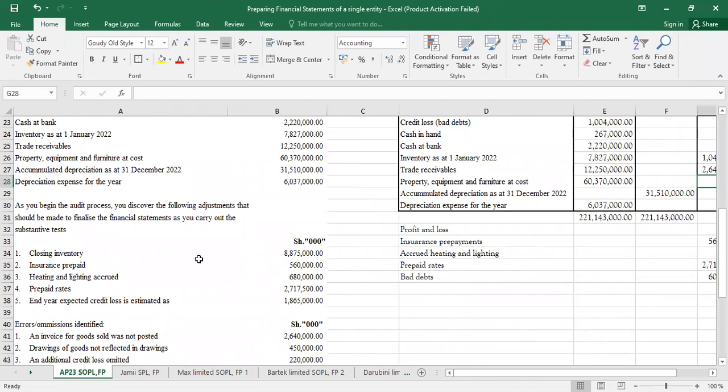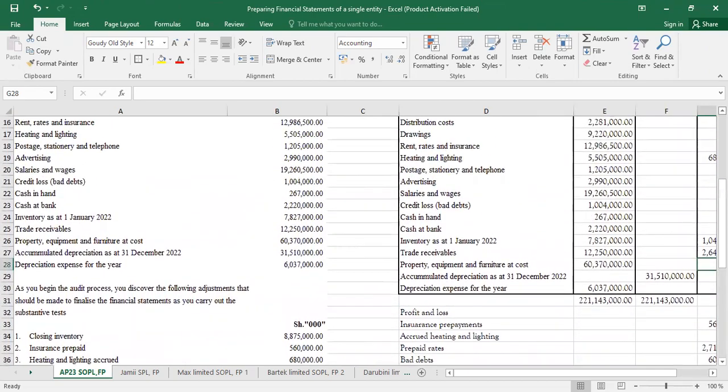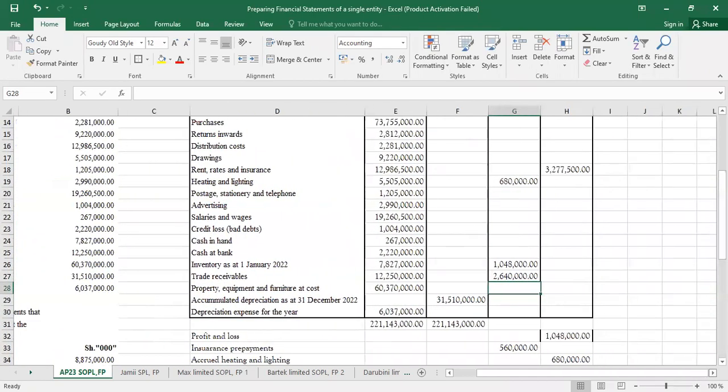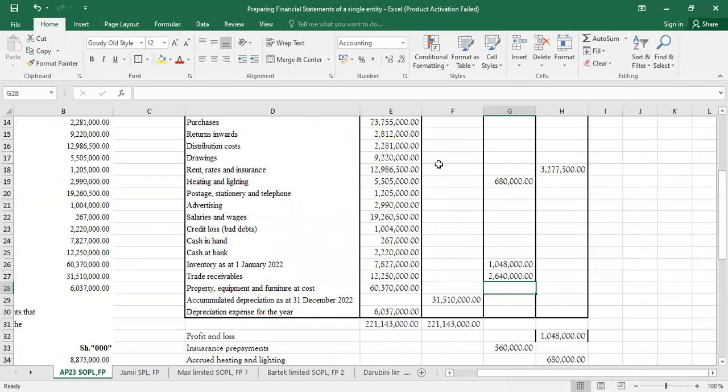Drawing of goods not reflected in the drawings of 450. So I'll come to drawings. Drawings is like an expense, but it comes under equity. Equals sign, 450,123. It had not been reflected, so it means it will increase our drawings. That's why we are debiting it.